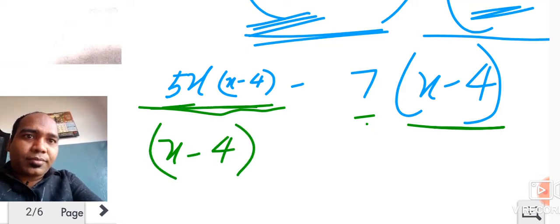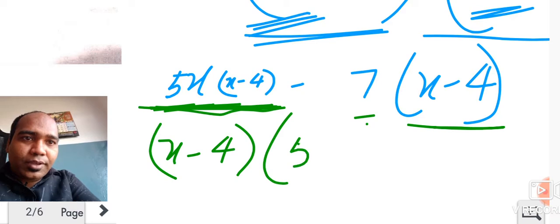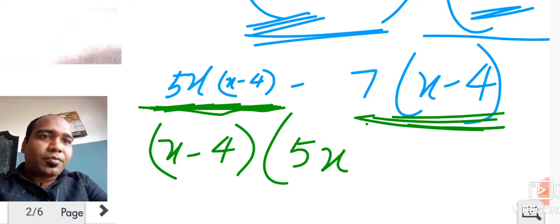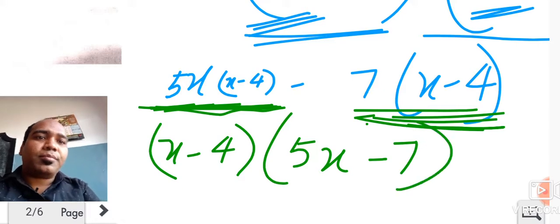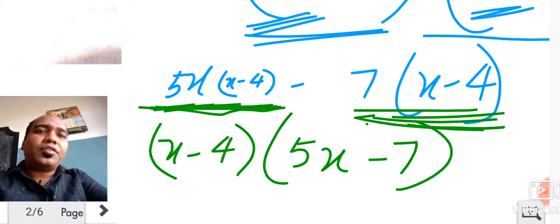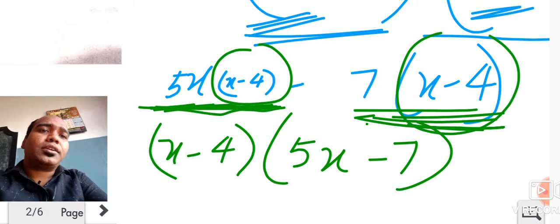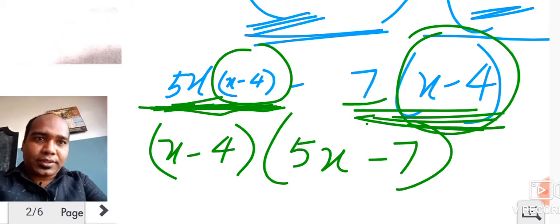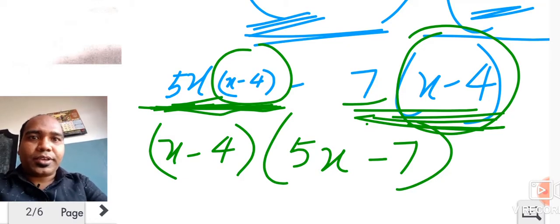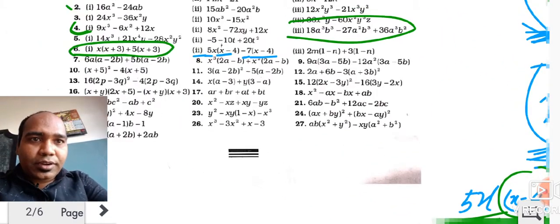Now, in this term x minus 4 is being multiplied with what? 5x. So, we will take here 5x. Then in this term x minus 4 is being multiplied with minus 7. So, we will take here minus 7. Very simple. We just have to see which one is common, take that outside the bracket, and the left part inside the bracket. Very simple.